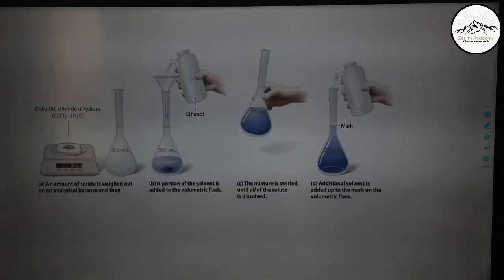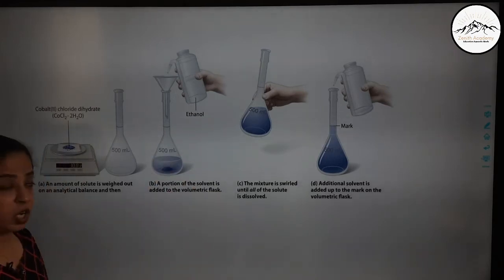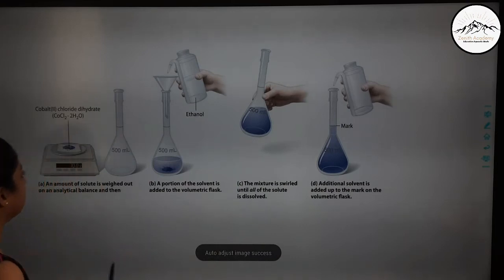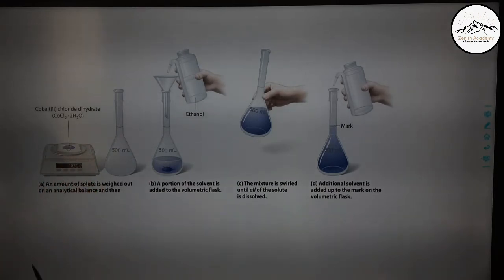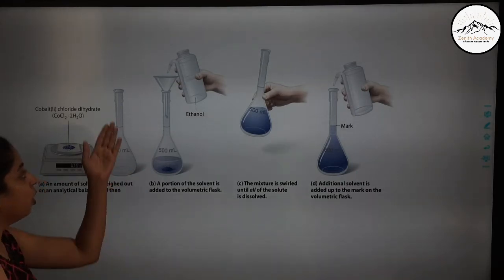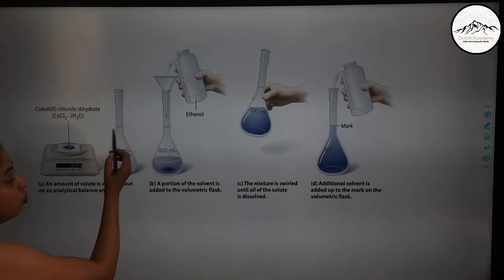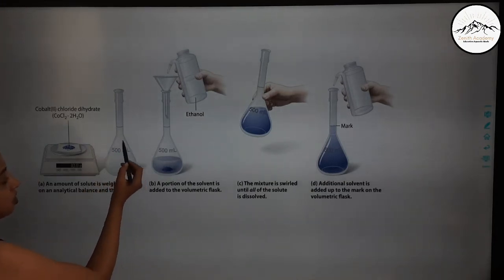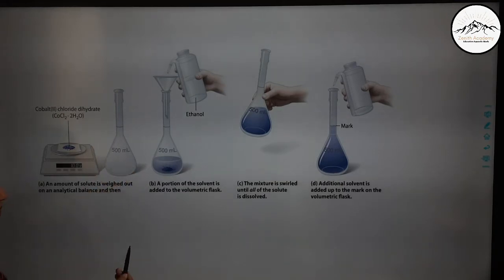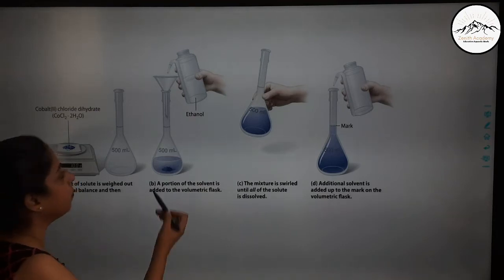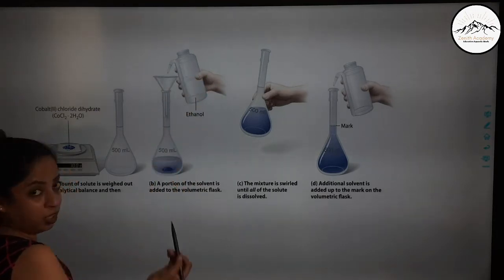So let's go ahead. From our previous knowledge we know how to make a solution of known concentration. We measure the amount of solute and add it to a standard measuring flask, because we want to make a solution of known concentration, so the volume has to be fixed. Suppose this is a standard measuring flask of 500 ml. We have added a solute of the measured quantity and we are adding solvent to it.